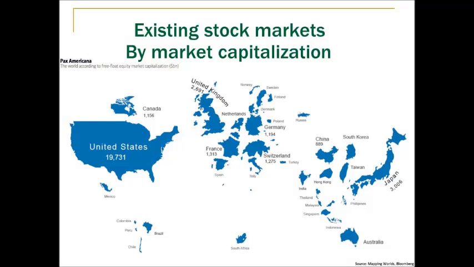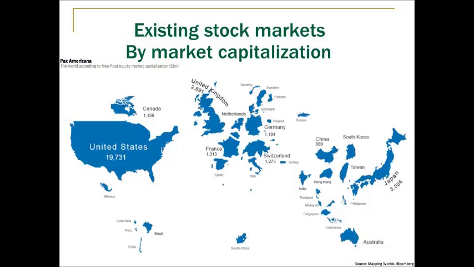When you look at existing stock markets by market capitalization, you realize that the world of stock markets is rather small. In fact, we have a bunch of countries here that are very well known to us, but there are a lot of countries which are misrepresented, and I would say not represented at all, especially Africa.